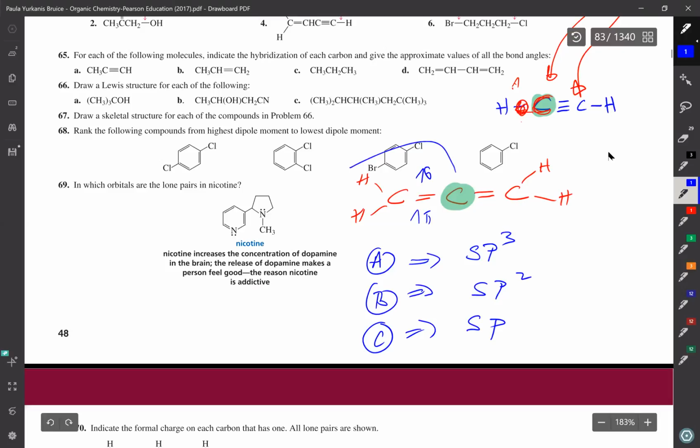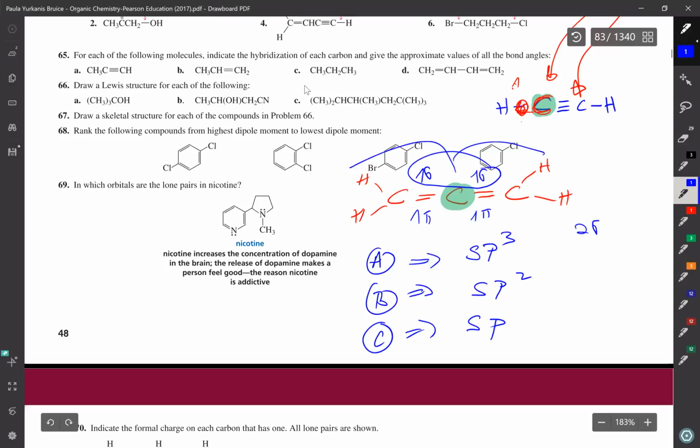Does that make sense? On the right side of the molecule, the same carbon again has a double bond, and a double bond is made up of one sigma bond and one pi bond. So how many total sigma bonds do we have surrounding that carbon? We have two sigma bonds.